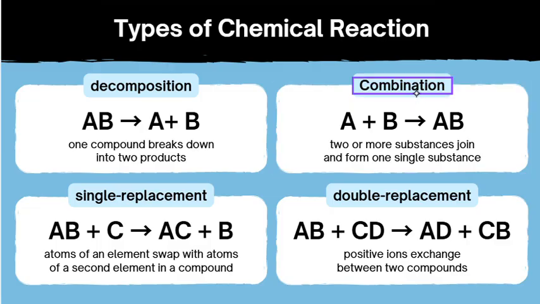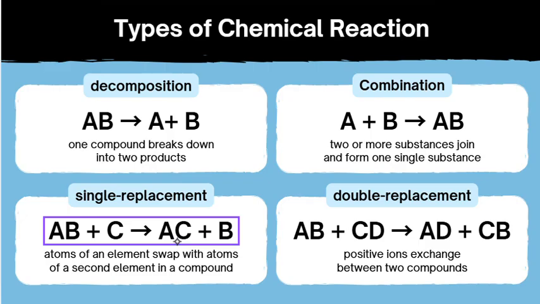The next reaction we have looked at is combination. A plus B combine to give AB, when two or more substances join and form one single product. Single displacement or replacement: AB plus C will give AC plus B, depending on your reactivity series.